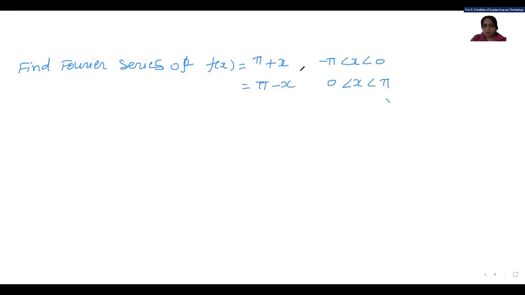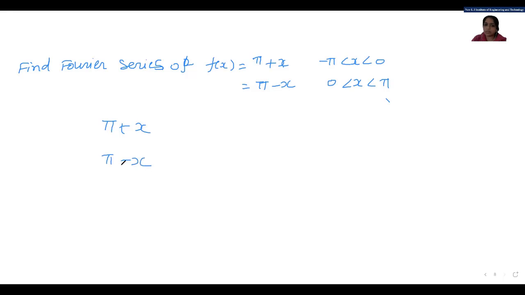See, this is the first function. If you replace x by minus x in the first function and you get the lower function... what is our first function? That is pi plus x. If you replace x by minus x in pi plus x, what will you get?